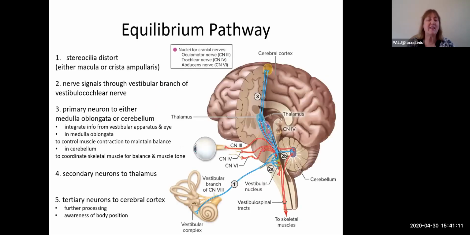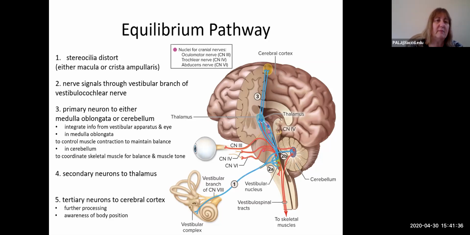So let's do the pathway for all the types of equilibrium. Wherever they are, those stereocilia are going to distort. We're either in the macula or the crista ampullaris in the semicircular canal, and the utricle and the saccule.